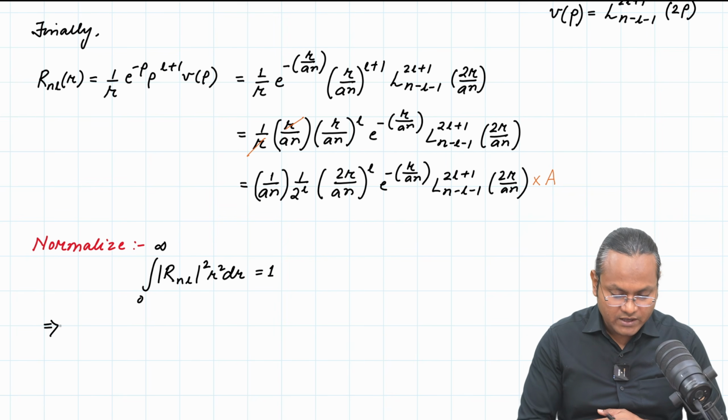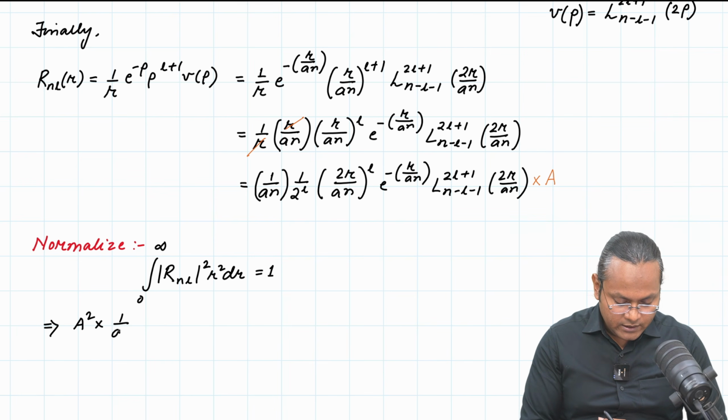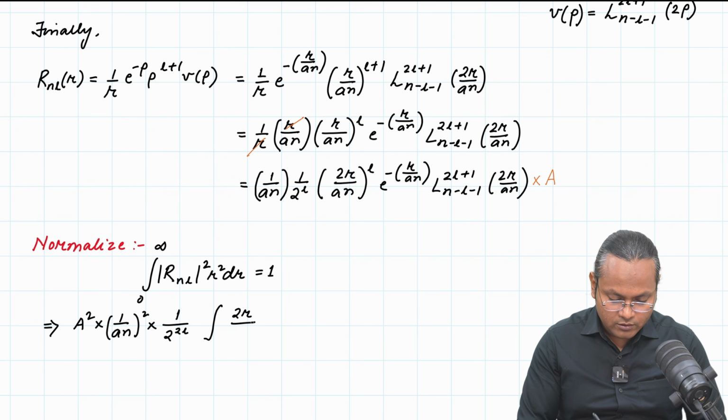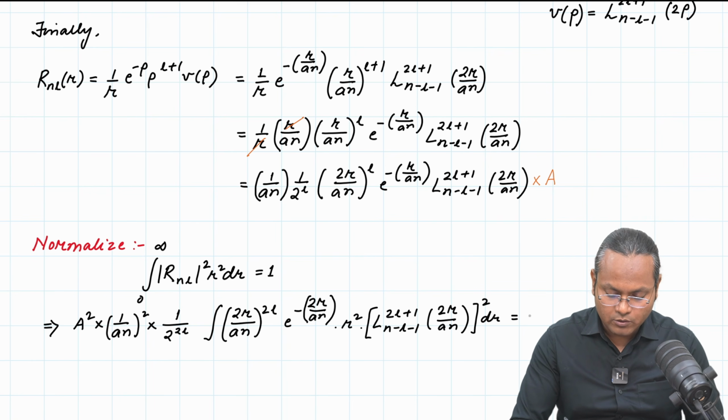So this ends up becoming A squared, times 1 upon an squared, times 1 upon 2 to the power 2l, and inside the integration (2r/an)^(2l) e^(-2r/an), and of course the r squared term is here, and the Laguerre polynomial L_{n-l-1}^{2l+1}(2r/an) whole squared dr equals 1.